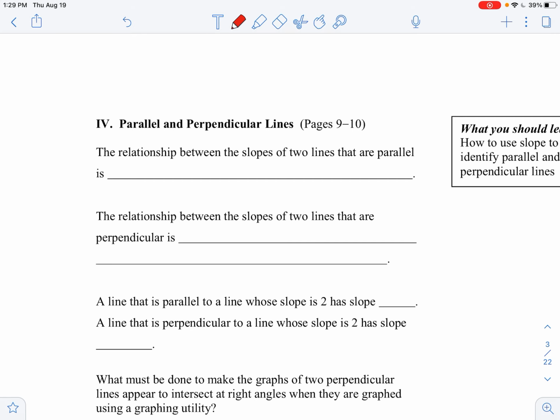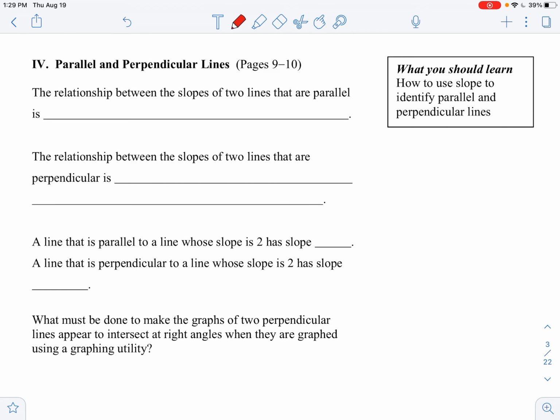Let's talk about those parallel and perpendicular lines. Lines are parallel when they have the same slope, or the slopes are equal. And lines are perpendicular when the slopes are opposite reciprocals of each other. We kind of talked about that earlier.